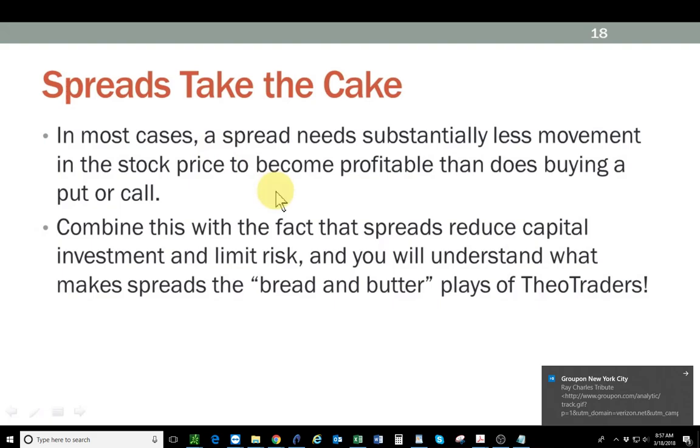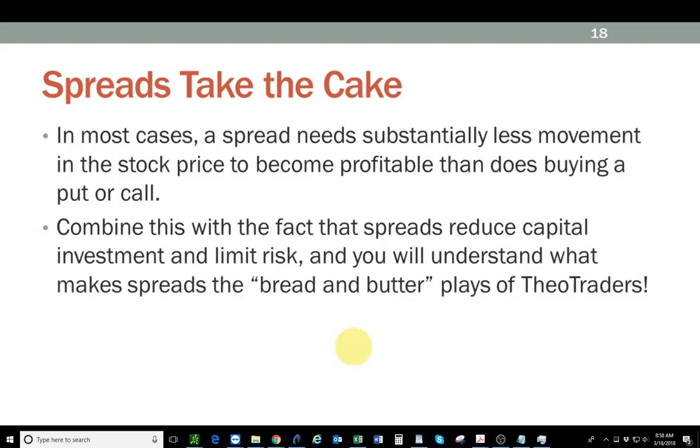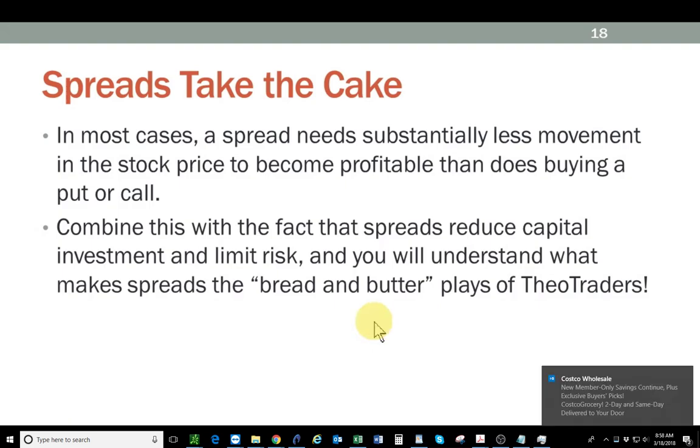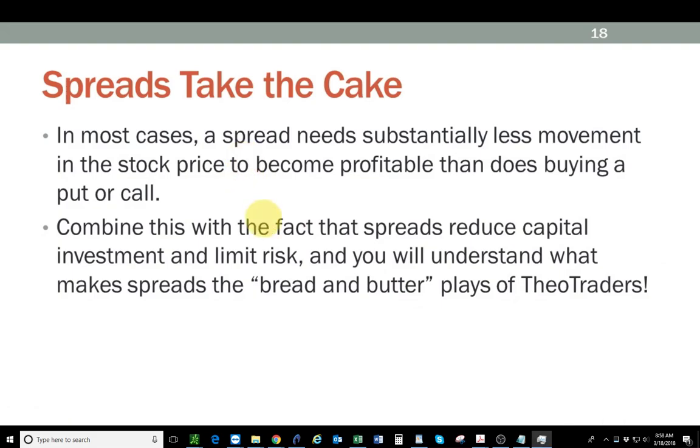In most cases, a spread needs substantially less movement in the stock price to become profitable than buying a put or call. Combine this with the fact that spreads reduce capital investment and limit risk, and this is what makes it a bread and butter play of TheoTrade. All of you are Theo traders. That's why I think it's so essential to lay that out, to cut through a lot of the garbage.